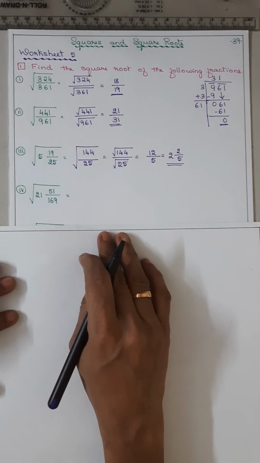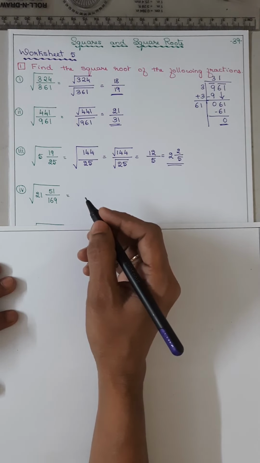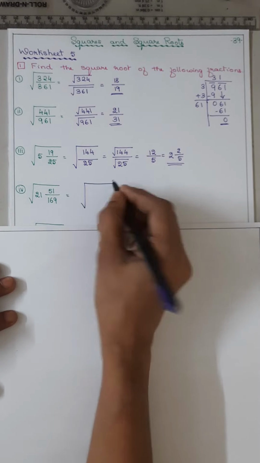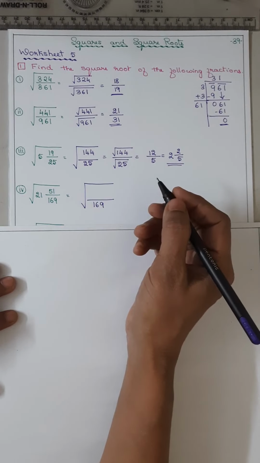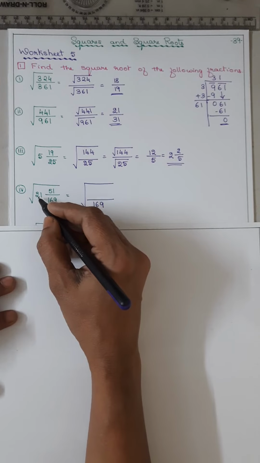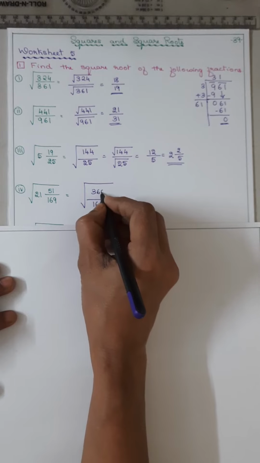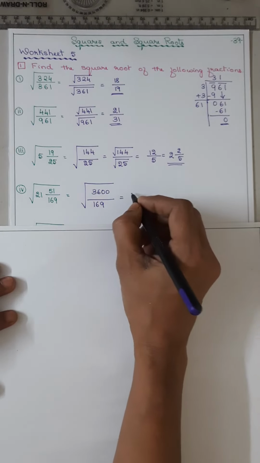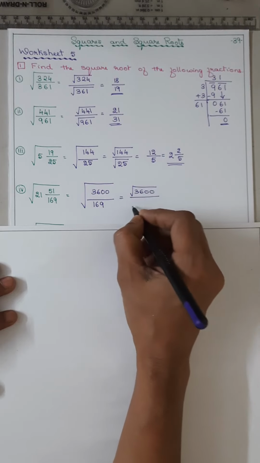Now coming to question number 4, the square root of 21, 51 upon 169. So the square root of 169 in the denominator. Now multiply 169 into 21 plus 51. You will get 3600. Okay. Then the calculation and all, you have to do it in the rough work.